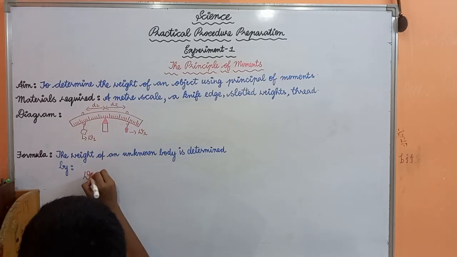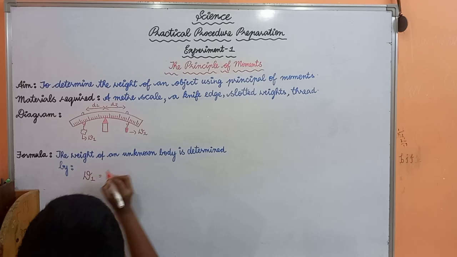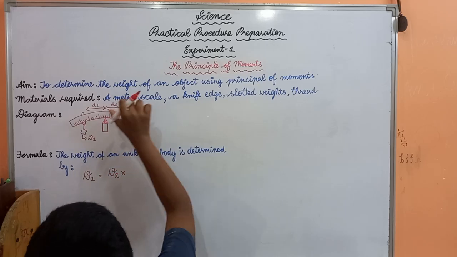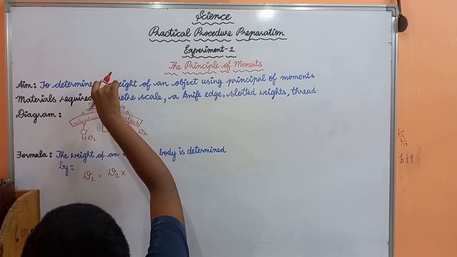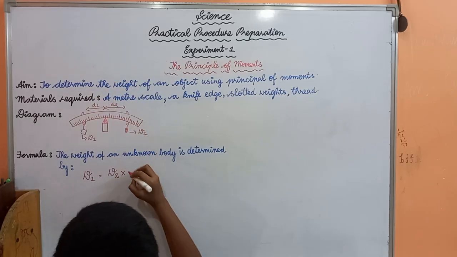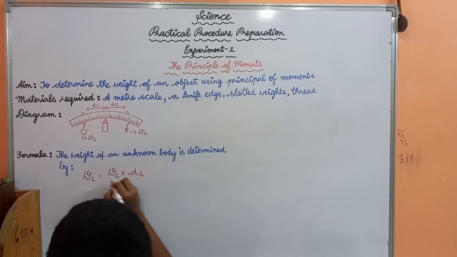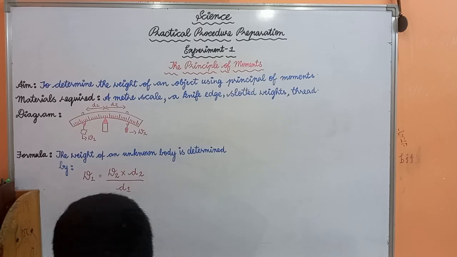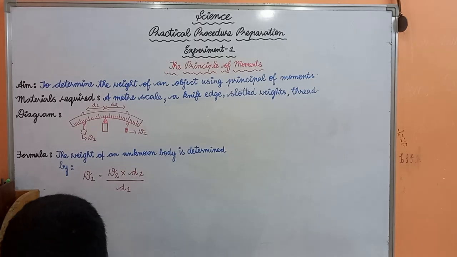So to find the unknown, W1 is equal to W2 into the distance between the middle of the meter scale and the known weight, which is D2, divided by D1. So I can write that here.